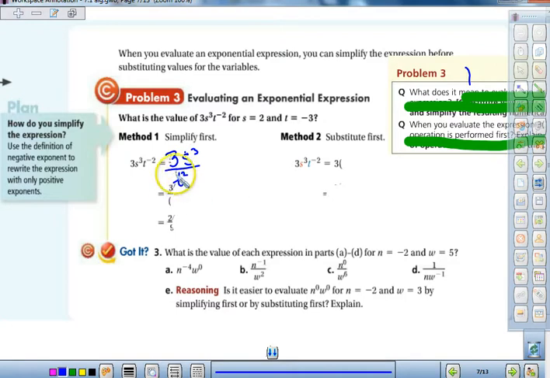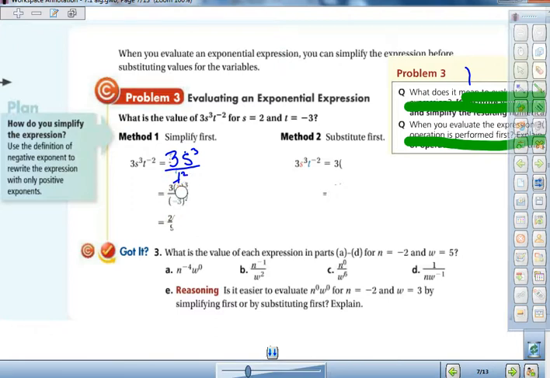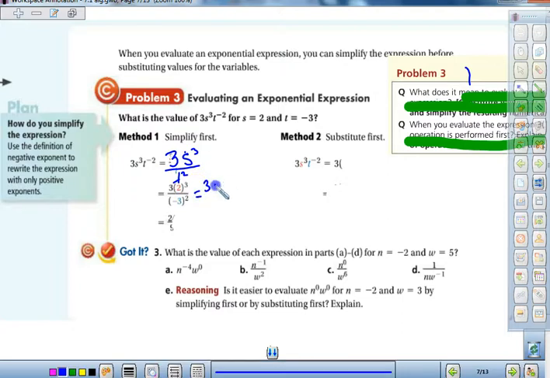If we look at that expression and we start substituting in, we are going to have now 3 times 2 to the third and negative 3 to the second. And if we think of what that equals, that's 3 times 8 divided by negative 3 squared gives us positive 9. I would simply simplify at this point first, and we end up with a solution of 8/3.